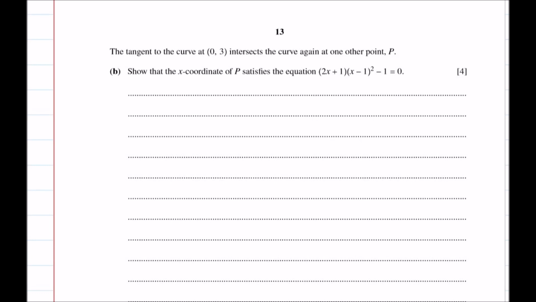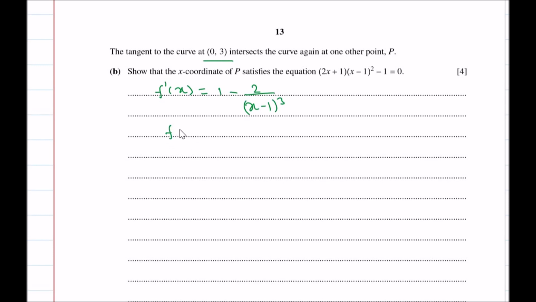We have f dash x equals 1 minus 2 by (x minus 1) whole cube. Now the point given here is (0, 3), so that means the x coordinate is 0.